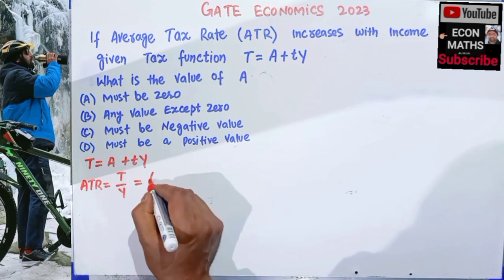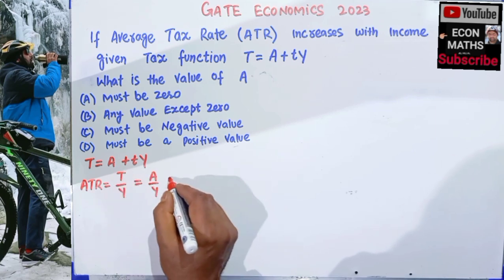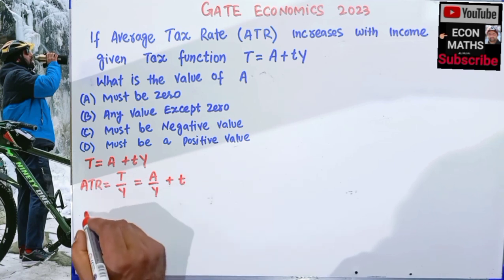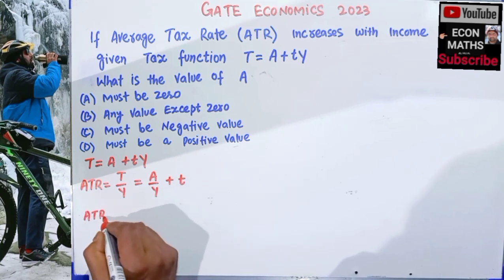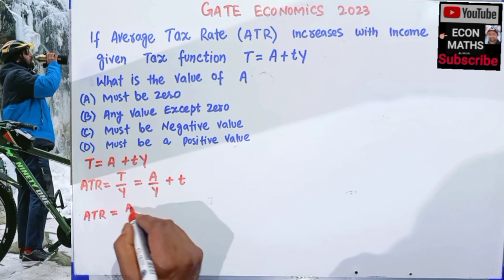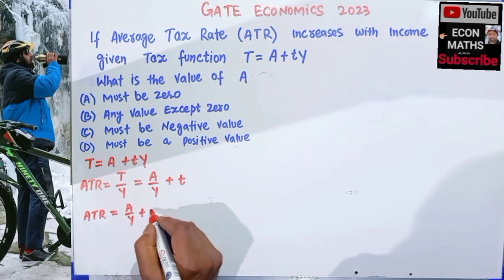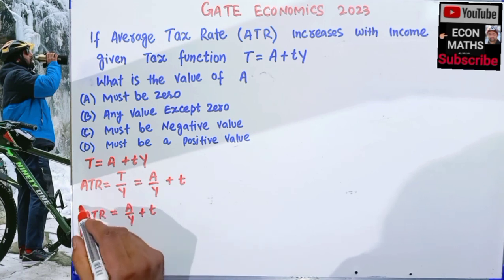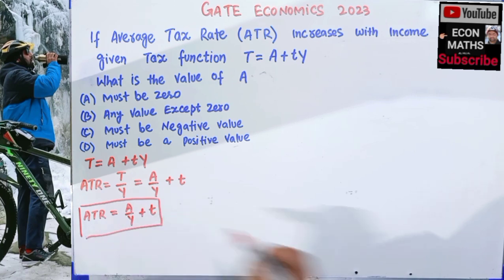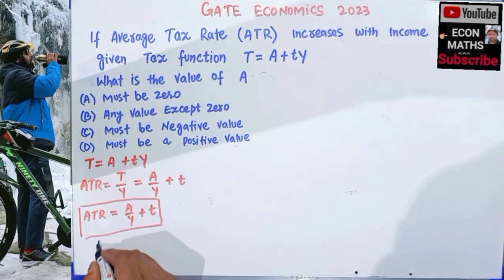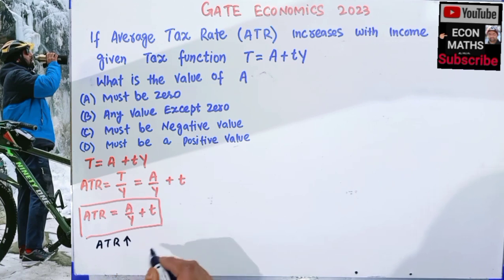So this becomes a upon y plus t. That means ATR is equal to a upon y plus t. This is our average tax rate. Now we need to maintain a positive relationship between income and average tax rate. That means our average tax rate should increase when income increases.